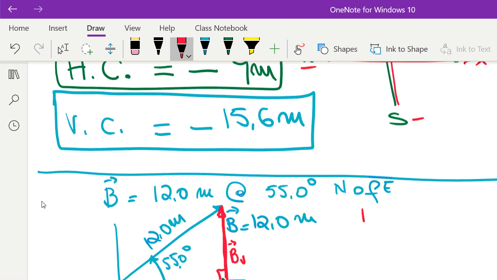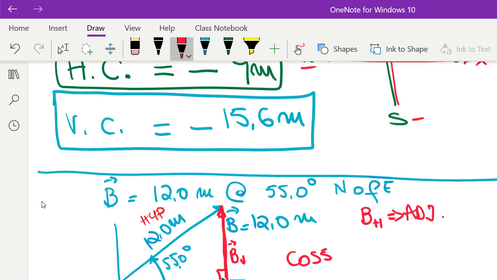So when we are finding the horizontal component, this is adjacent for that given angle, so it is related to adjacent. Now, the hypotenuse is 12. So the trig ratio that relates hypotenuse and adjacent is cosine.